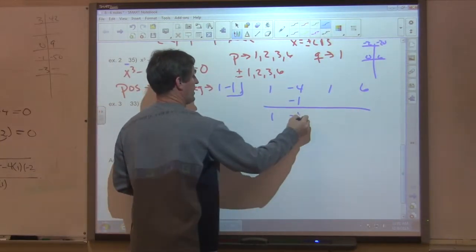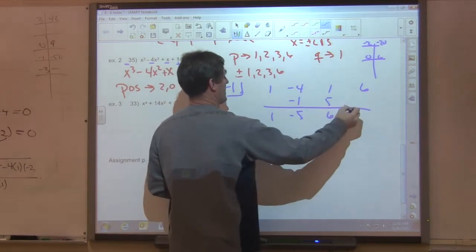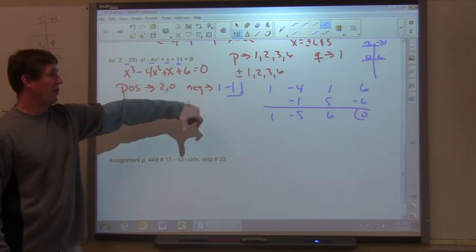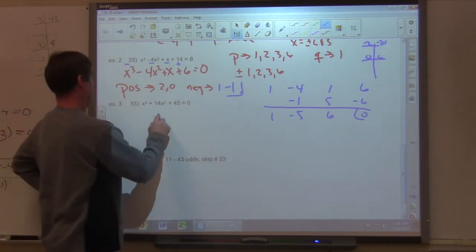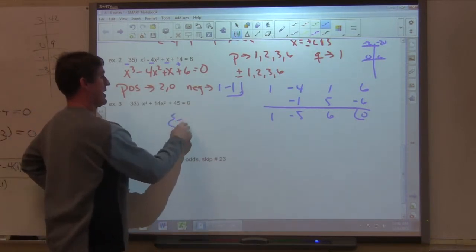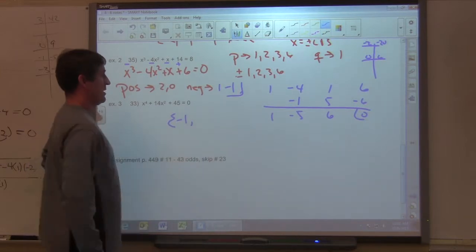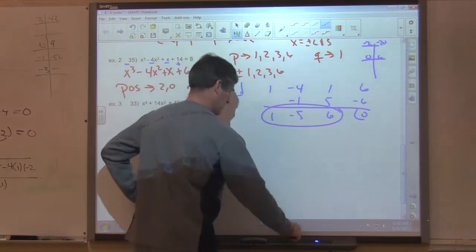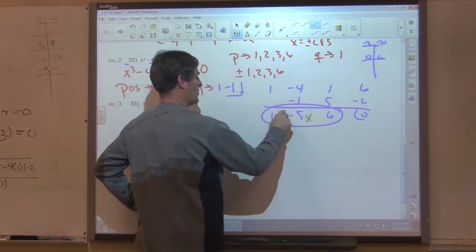1, negative 1, negative 5, 5, 6, negative 6, 0. So we found our 0 is negative 1. And if we look at this again, so this is x and x squared.